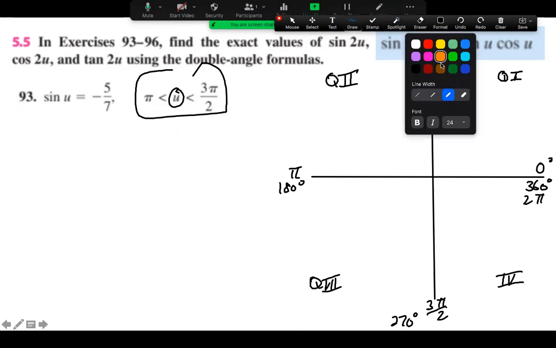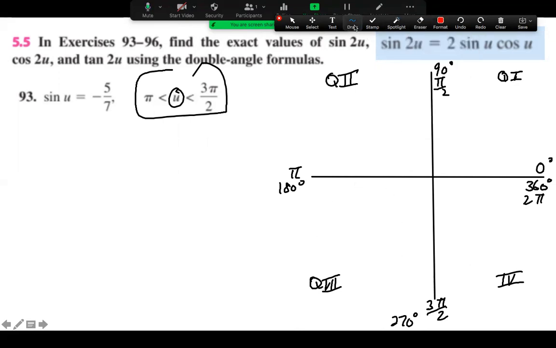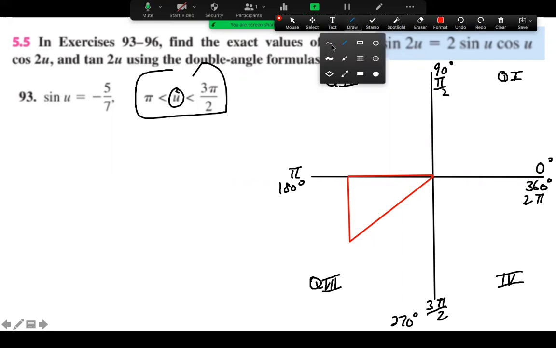So I'm going to change colors here, and I'm going to draw a terminal side of a triangle in quadrant 3. And then I'm going to draw that to the x-axis and then back to the origin. That establishes our right triangle to solve this situation.